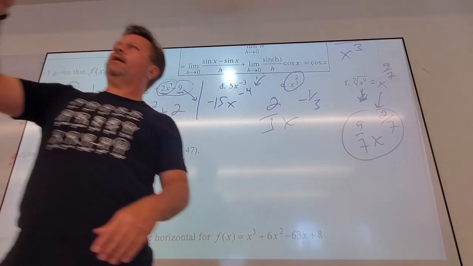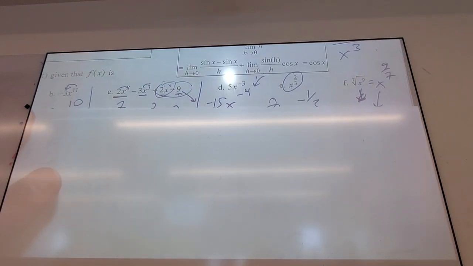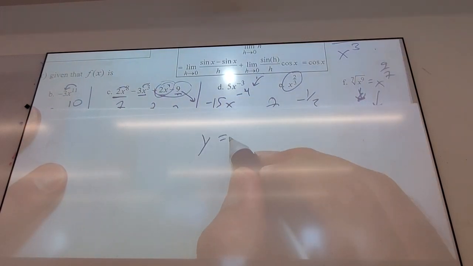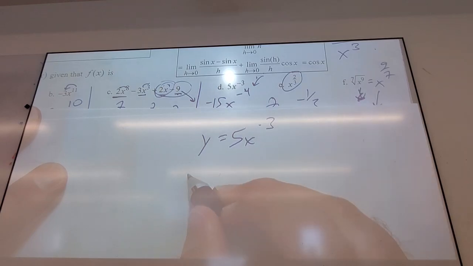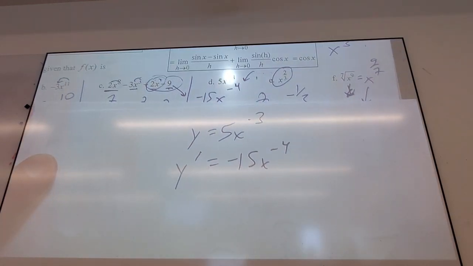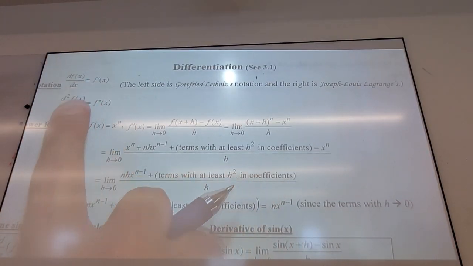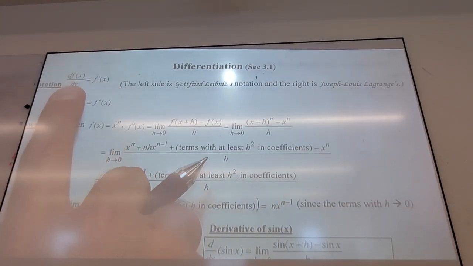And by the way, as I'm doing this, I really need to rewrite this because I don't like the way I've done this, because you guys really need to get used to being nice to yourself. So here, if y is 5x to the negative 3, then y prime is negative 15x to the negative 4, yes? And as it shows at the top of this, the other way to write prime is in this notation.